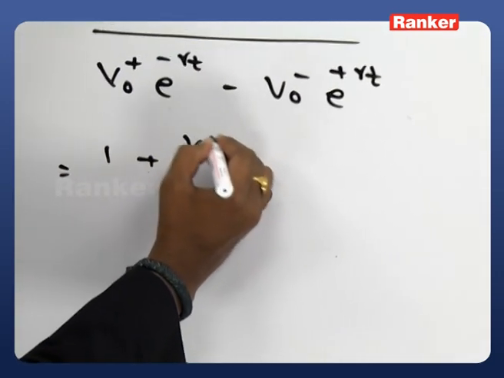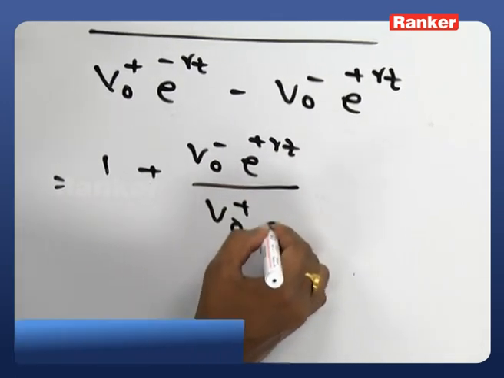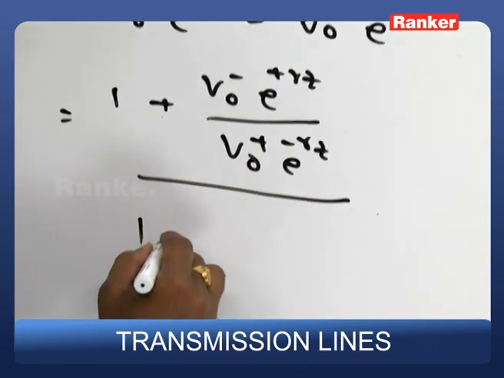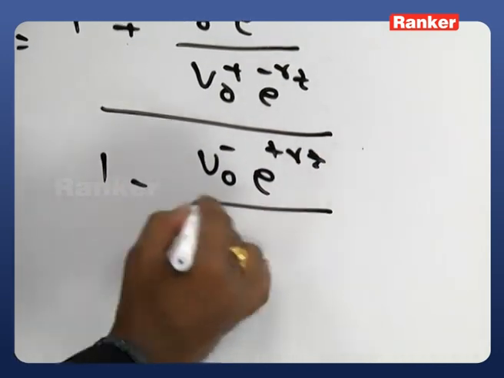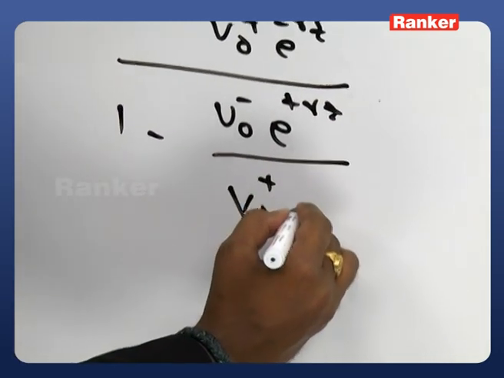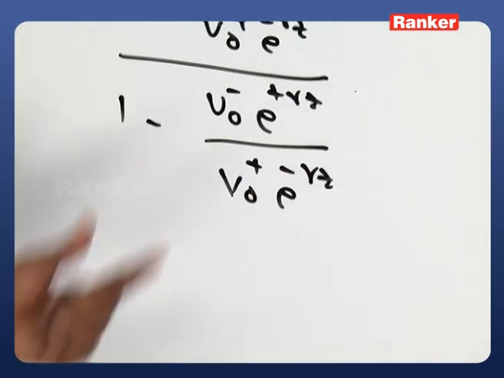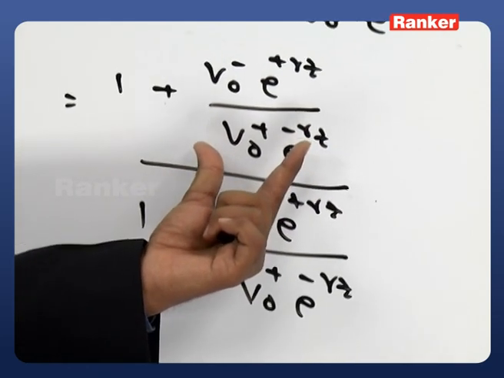1 plus V0 minus e power plus gamma z divided by V0 plus e power minus gamma z, and the denominator now becomes 1 minus V0 minus e power plus gamma z divided by V0 plus e power minus gamma z. Now observe this particular term: this term is nothing but your reflection coefficient.